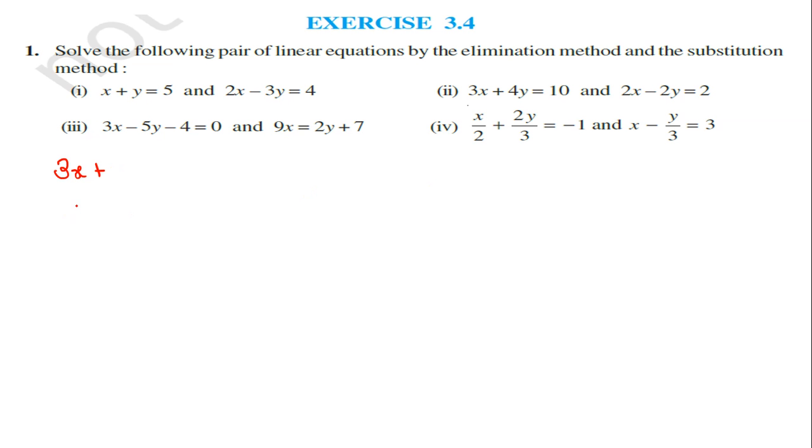You have to also join, say from your side. 4y. 3x plus 4y by 6 is equal to minus 1. So we can say 3x plus 4y is equal to minus 6, and let us call it equation number 1.